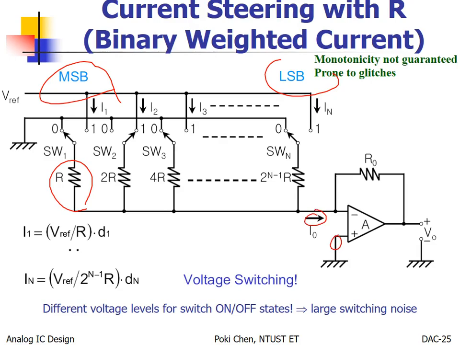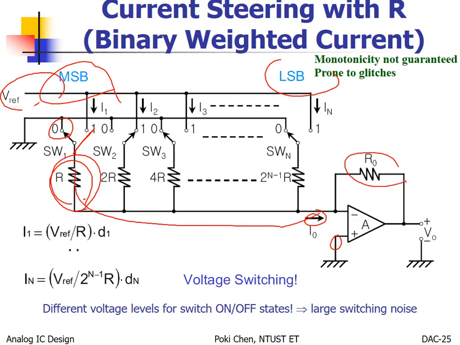Okay, forget about it. That is AC. All right. So you have, if it is switched to 1, okay, this is for 0. If it is 1, then V reference will be connected to this R, right? Then the current will flow to the other one. Okay, yeah. I explained the idea for you already.